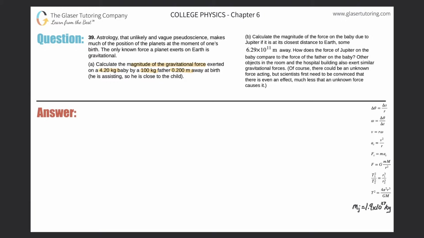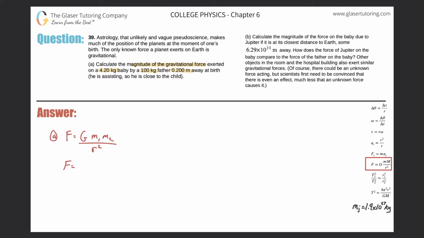Okay, so we're trying to find the gravitational force. This one's fairly straightforward. I'm going to use the gravitational force formula, where the gravitational force is equal to the gravitational constant multiplied by the mass of one object, the mass of the other object, all over their distance apart from one another squared.